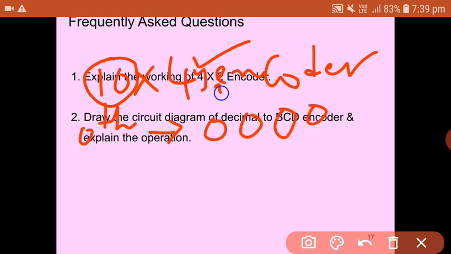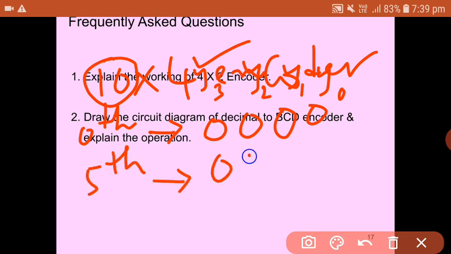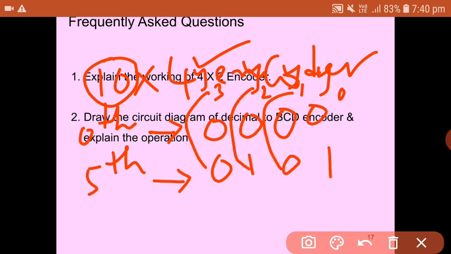For example, if 0th switch is pressed, then all the outputs will become zeros. The outputs will be y3, y2, y1, and y0. If the fifth switch is pressed, its corresponding BCD will be 0 1 0 1. That means y3 will be 0, y2 will be 1, y1 will be 0, and y0 will be 1.